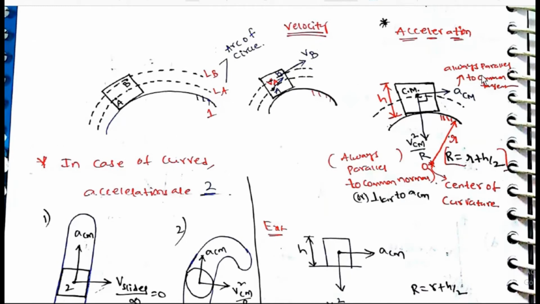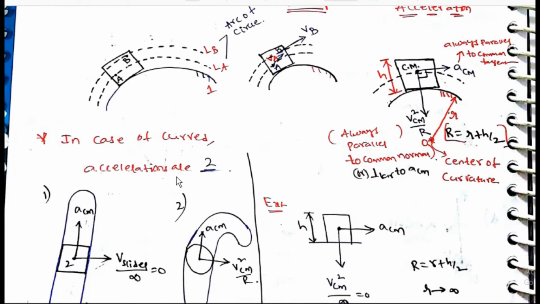Acceleration: always parallel to the common tangent, A bar ACM is VCM square by R. Always parallel to the common normal from R towards the center of curvature, perpendicular to ACM. In the case of curves, acceleration R2.